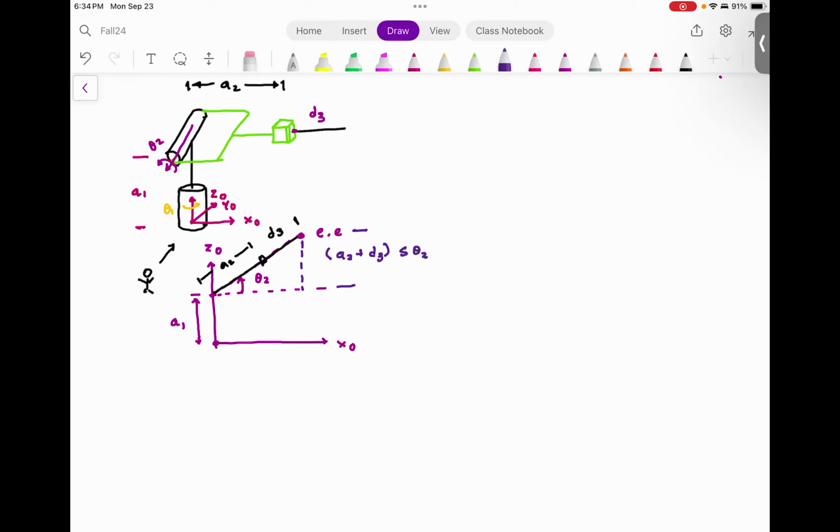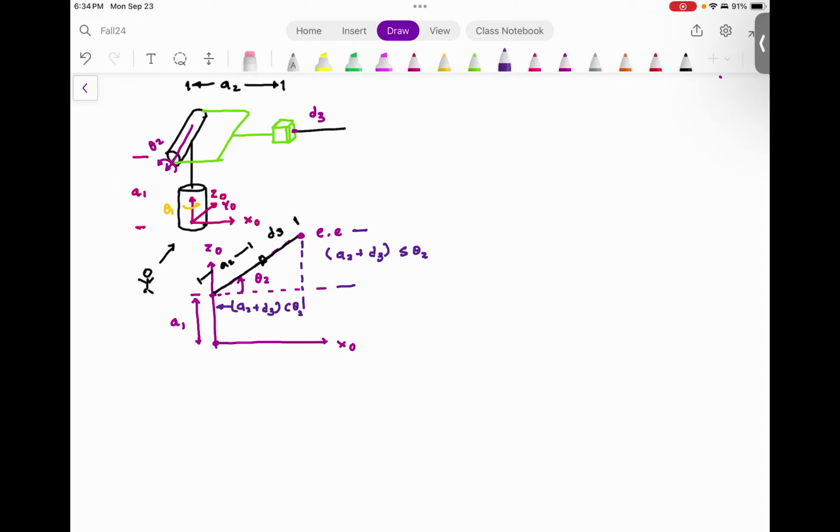Do you agree with me? And I can find this distance as A2 plus D3 cosine theta 2. Do you agree with me? Now please understand, D3 can extend or retract. Theta can change, but this relationship is not going to change. Do you agree with me?